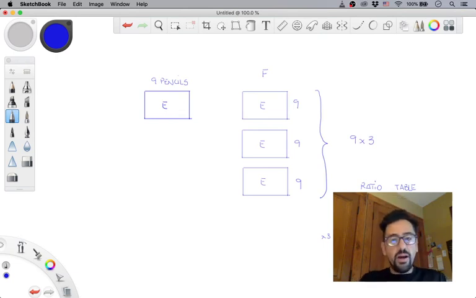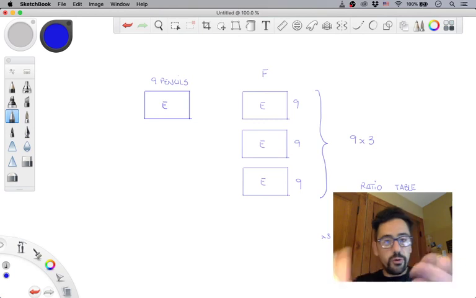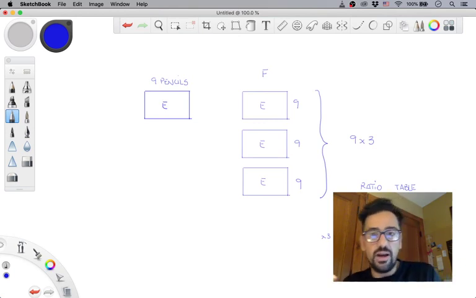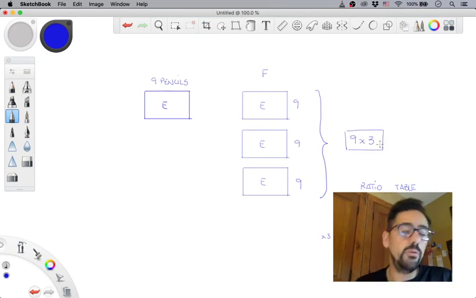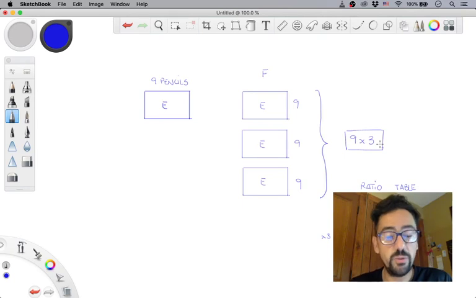So right there, we can see both graphically through the sketch and through the expression, from our multiplication facts, that it is 27, and also our ratio table is going to demonstrate that 9 times 3 or 3 times 9, the number of pencils on table F, is 27.